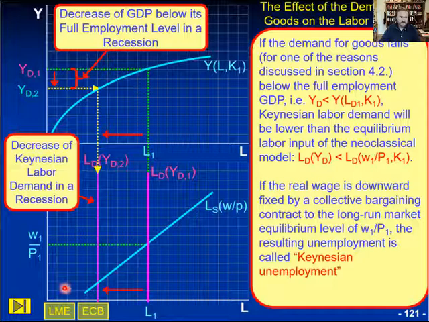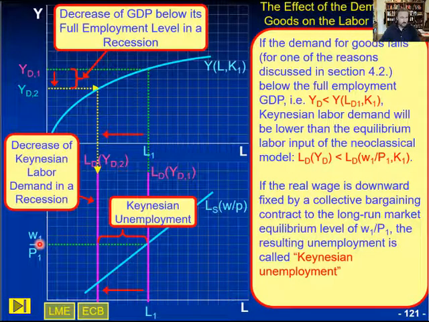If the real wage rate is downward fixed by collective bargaining contracts to this long-run market equilibrium level, the resulting unemployment is called Keynesian unemployment.